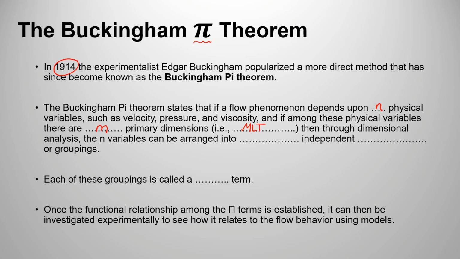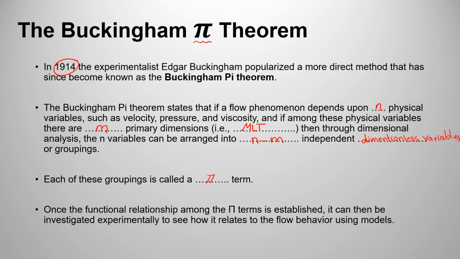And then through dimensional analysis, as you learned, the n variables can be arranged into n minus m independent dimensionless variables or groupings. Now you know that these groupings are called pi terms.